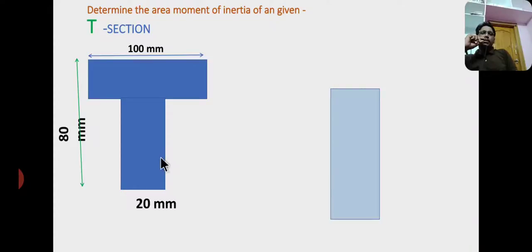First of all, I consider the bottom vertical rectangle as section 1 having dimensions base b1 equal to 20 mm and height or depth d1 equal to 60 mm. The total height of the T section equals 80 mm, but I consider from here to here, so the height of the bottom rectangle equals 80 minus 20, so 60 mm.